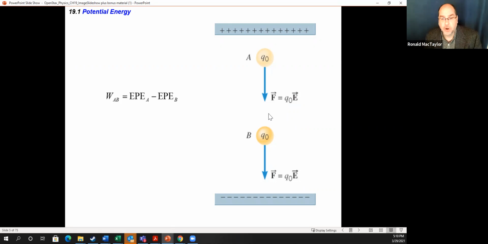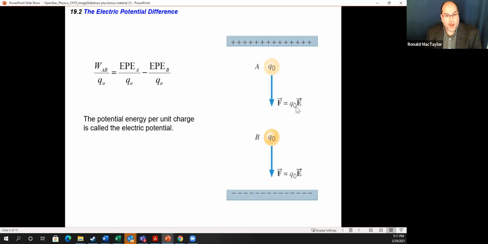If a charge moves within an electric field, work has been done in order to do that. The potential energy per unit charge is also called the electric potential. So the work per unit charge, or the energy per unit charge, is called the electric potential.